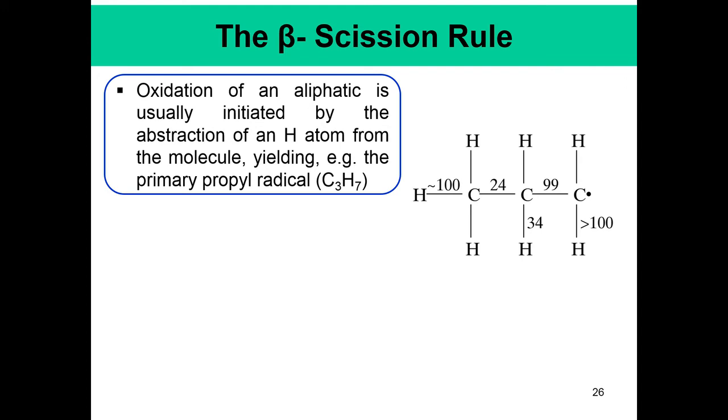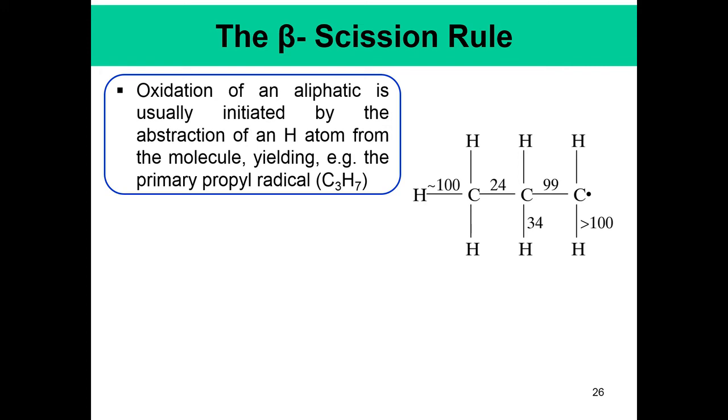So, then the question is, if you have this kind of a methyl or a butyl group where you have this unpaired electron, this is a propyl group, or this propyl radical, then which CC bond is the weakest?